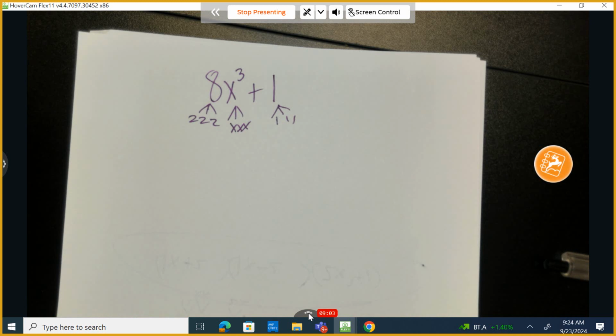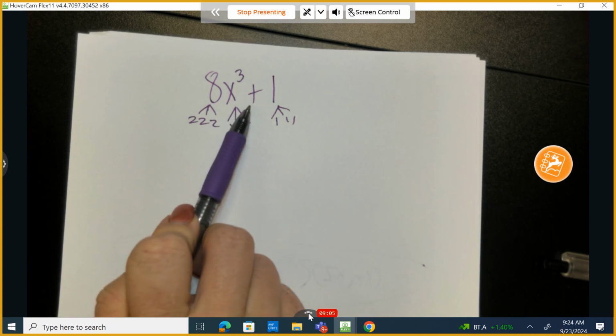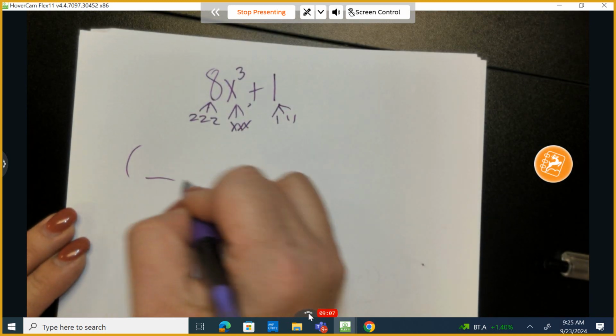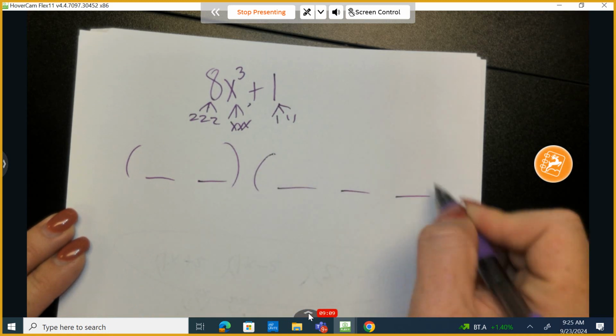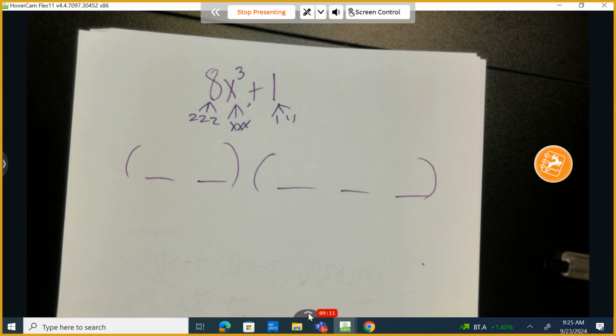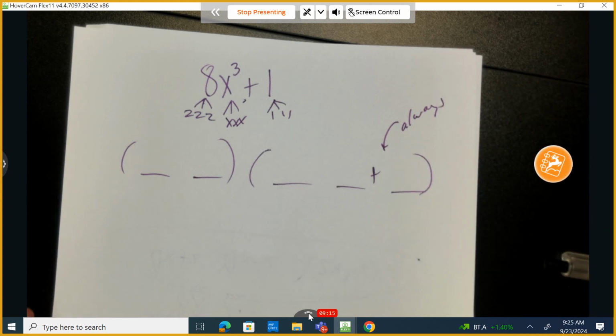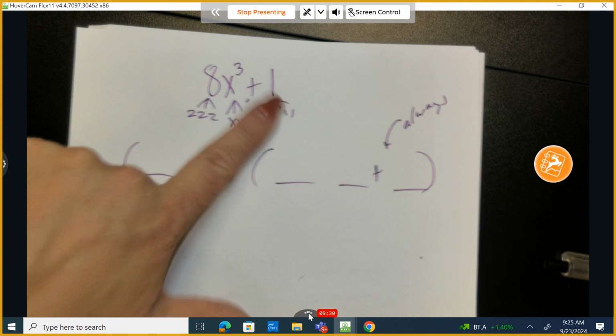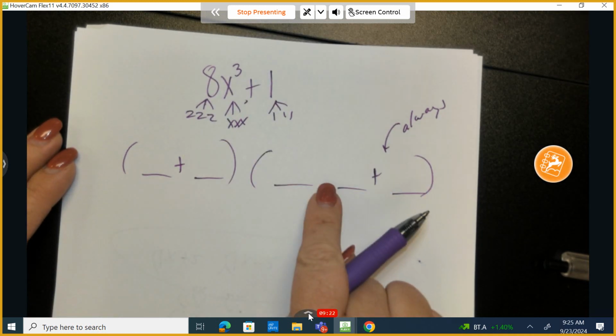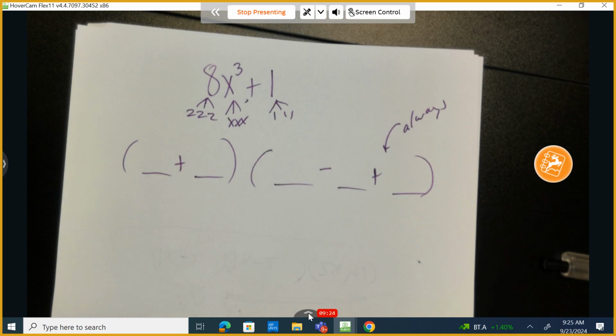With cubes, you can do it regardless of having a plus or a minus. As a reminder, the first parenthesis always has 2 terms, the last parenthesis has 3, and this is always going to be addition. Now this particular expression starts with addition in between, and so in this missing piece, we're going to put subtraction.